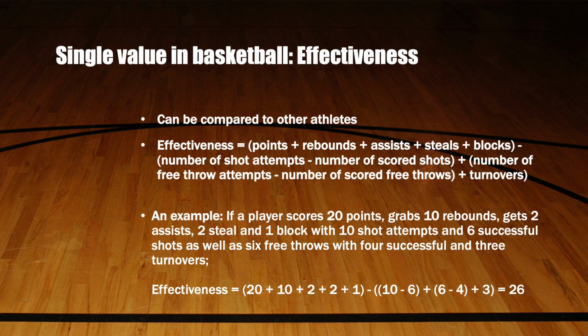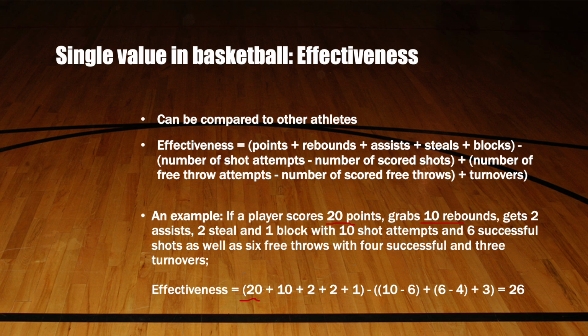Single value in basketball is called effectiveness. Effectiveness is used to compare athletes amongst each other. You see in the second bullet point how effectiveness is formulated. An example down below that we will use. If a player scores 20 points, we see that 20 points is the first thing in the formula.